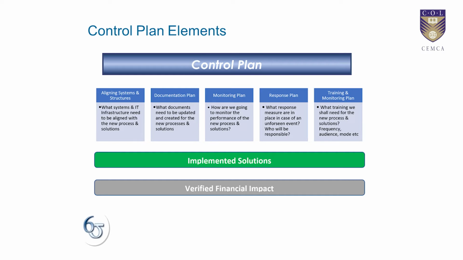The next element of a control plan is the documentation plan. In the documentation plan, what we try to understand is, as part of a control plan, we need to prepare some certain documents. We are improving the existing documents.